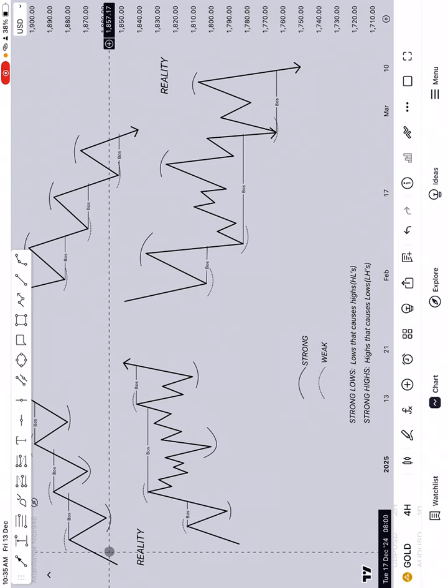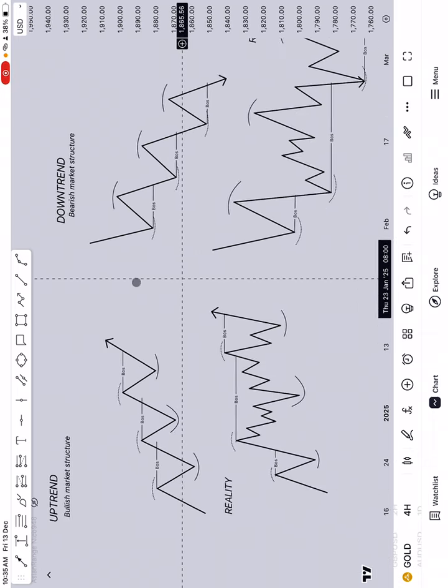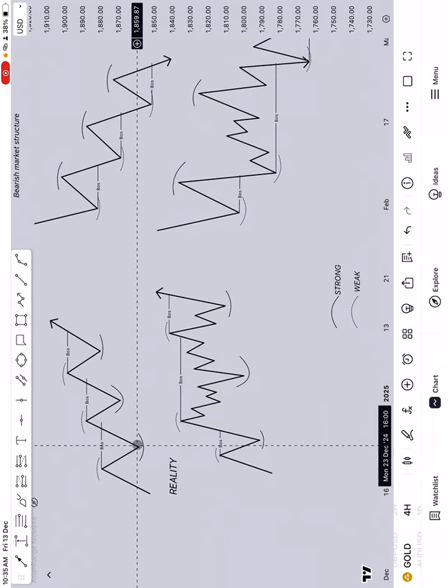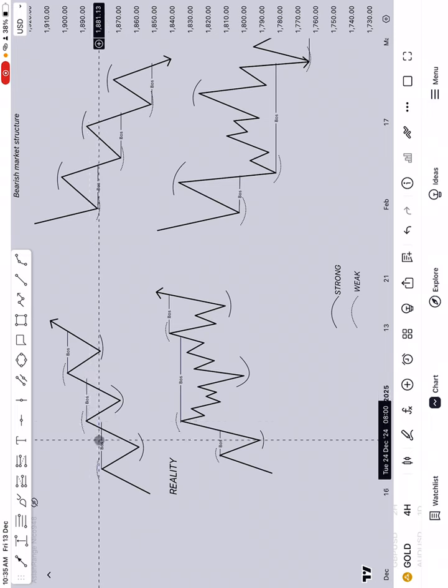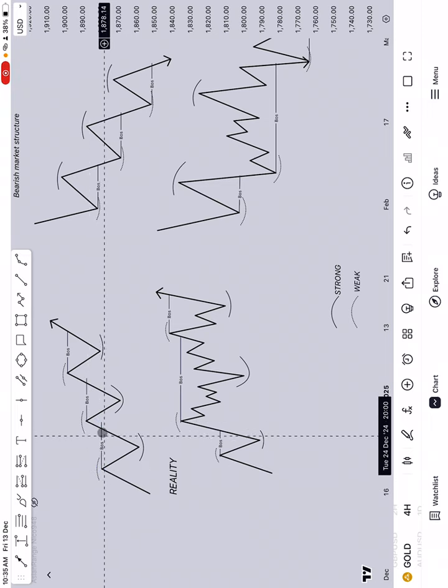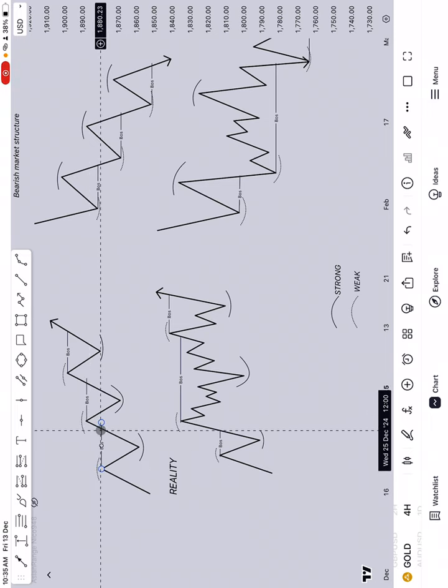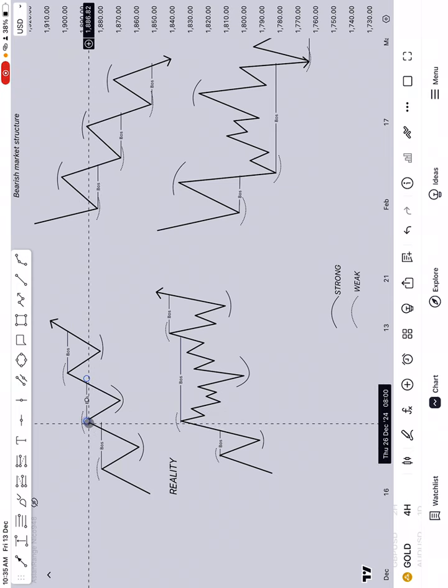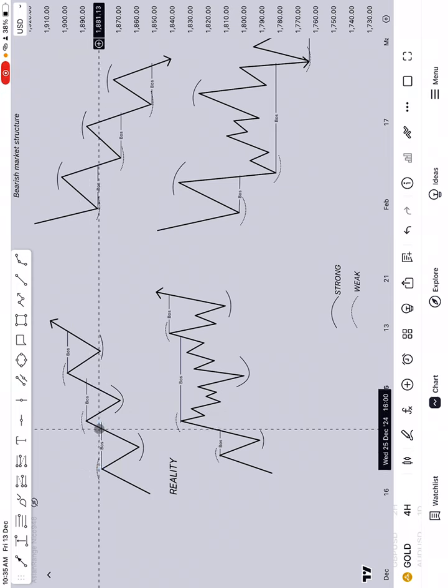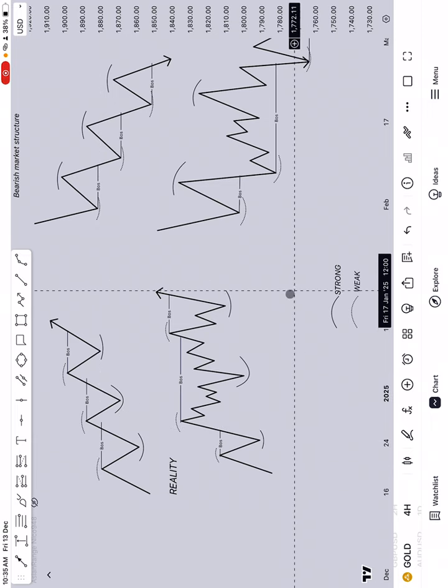Here, remember, these are actually higher lows, because this low was able to cause a high. It breaks structure. That is why it's considered a strong low. Once it breaks structure, it simply means it has created a new high.